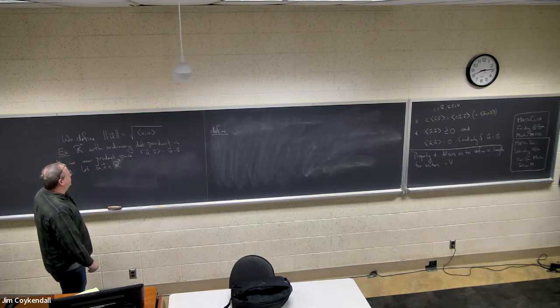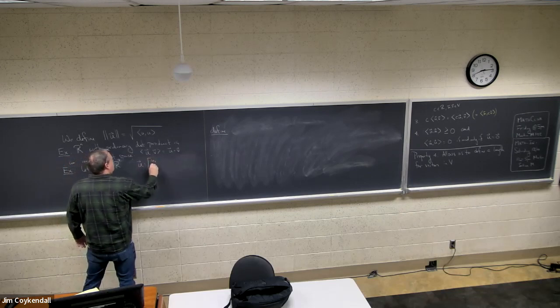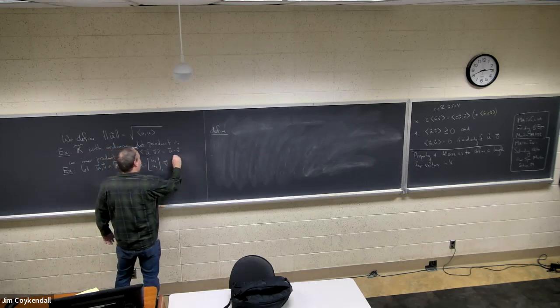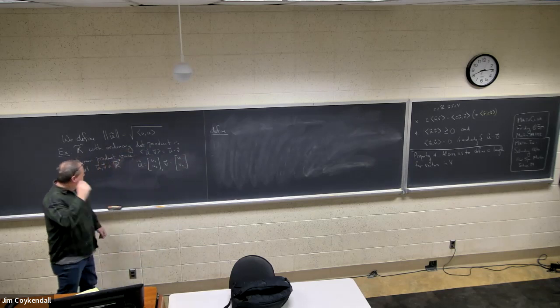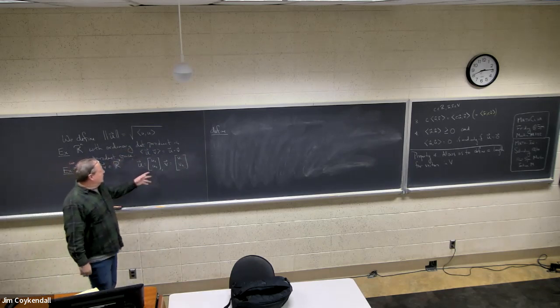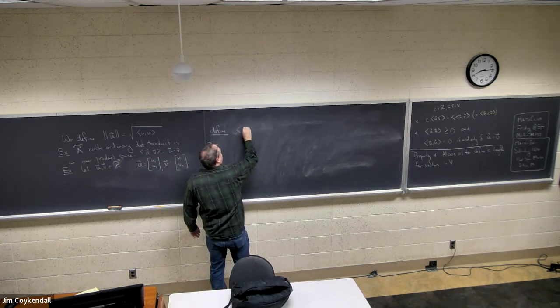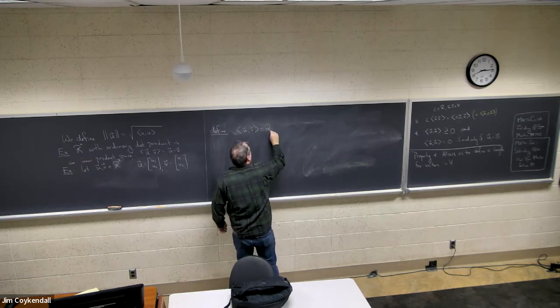Let's just do it with u equal to (u1, u2) and v equal to (v1, v2), but it'll be easy to see it generalize. I'm going to define the inner product of u and v to be 2 u1 v1 plus 3 u2 v2.